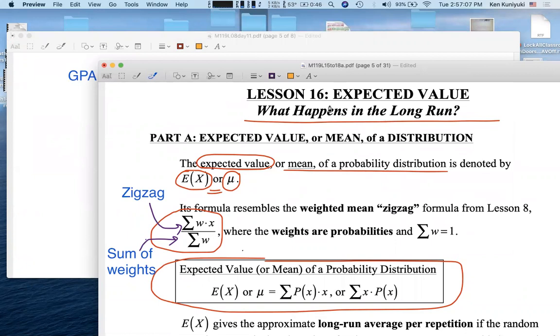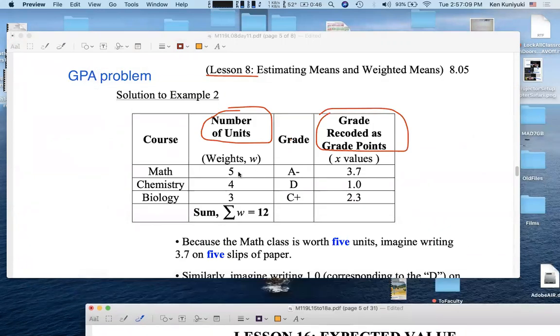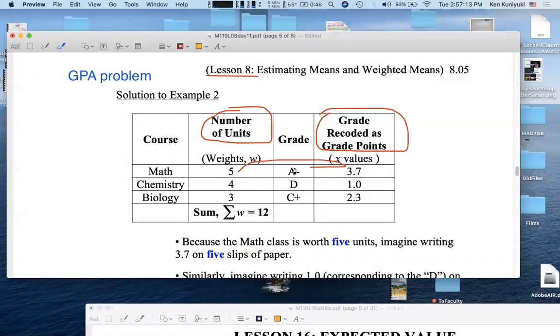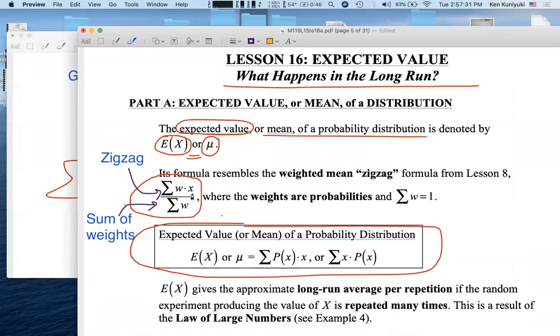We add products. So we wanted, as the numerator, this times this, plus this times this, plus this times this. The weight, the W value, times the X, basically the grade value. We took these products and we added them together.